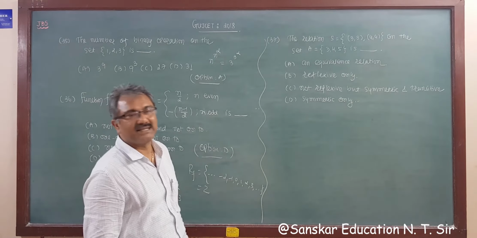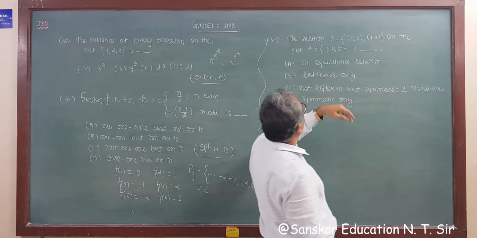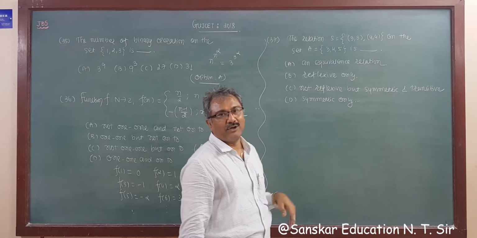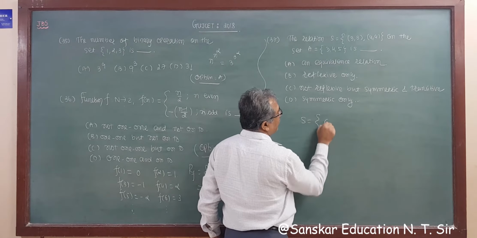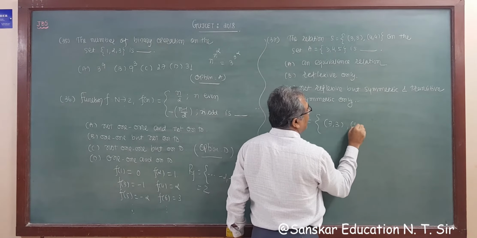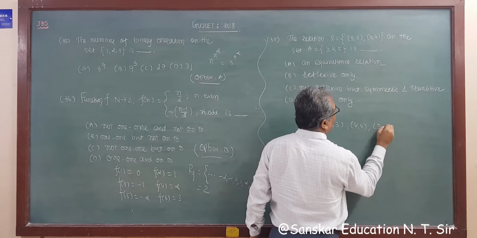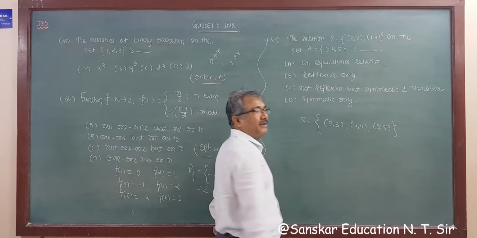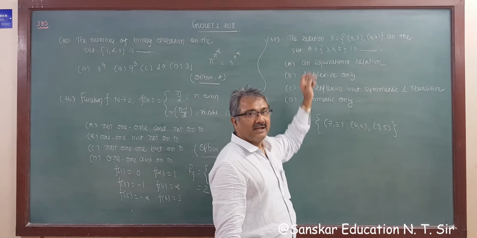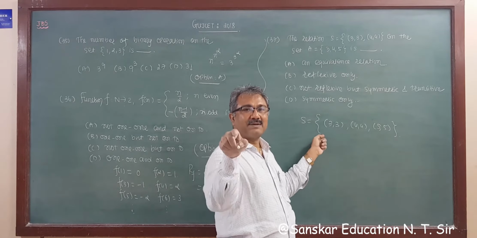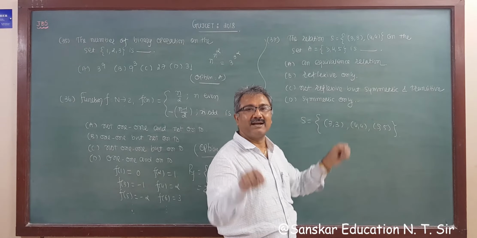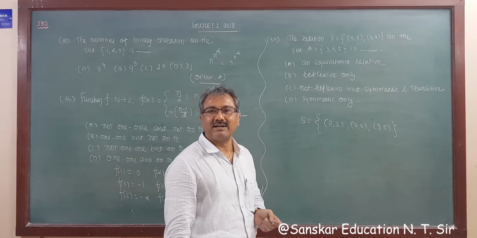Question number 37. The relation S on the set A equal to {3, 4, 5} is given. If we have S equal to {(3, 3), (4, 4), (5, 5)}, then this relation defined on set A is reflexive, symmetric and transitive, and we say the relation is an equivalence relation.